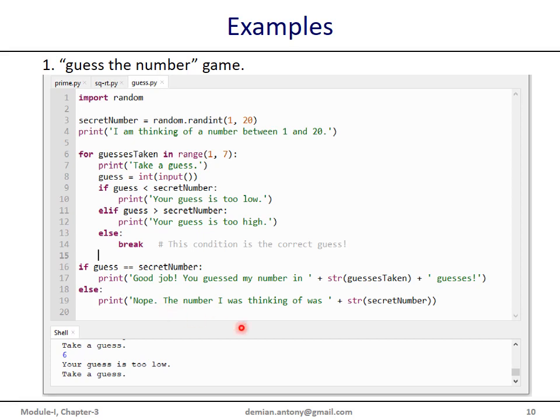Here in this program we are giving the secret number. You have not guessed the number, and this is the secret number. This is a simple game that we can play with the computer with this code.